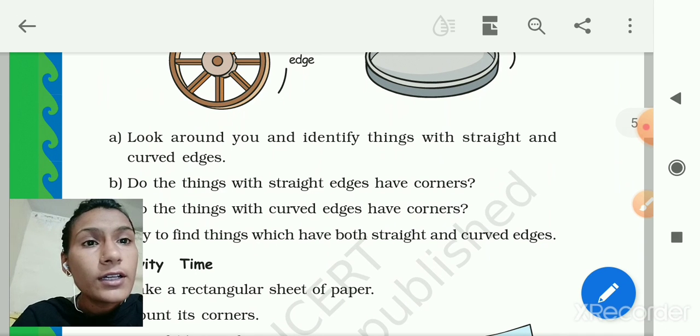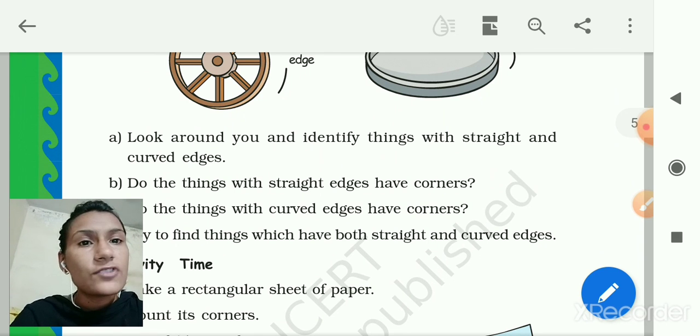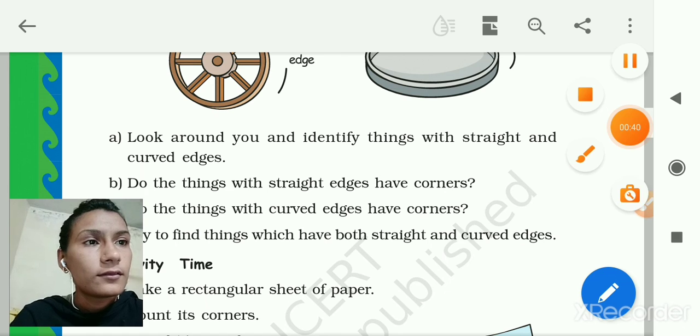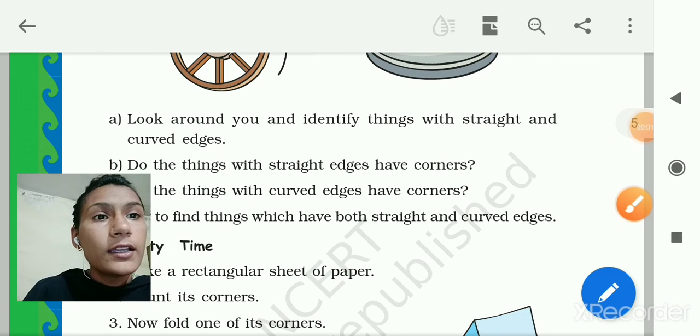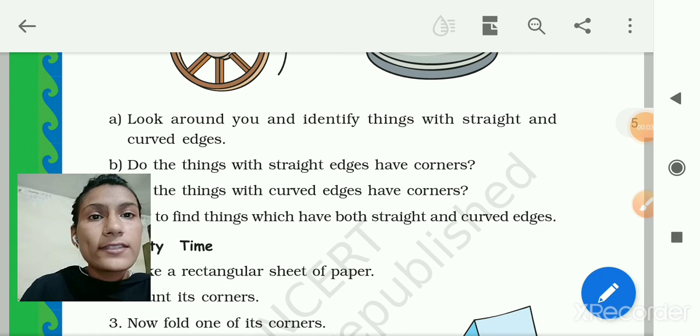Then look around you and identify things with straight and curved edges. So first we will see things with straight edges.